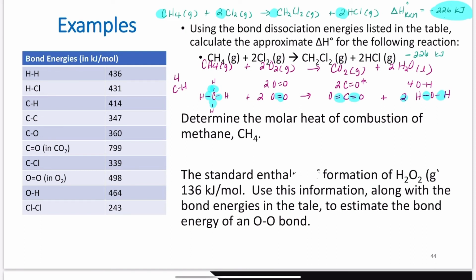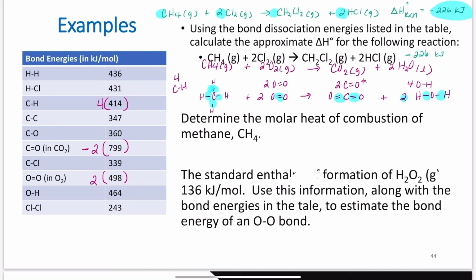Let's see, CH bonds. Got 414. I've got 4 of them, and it's going to be positive because it's on the reactant side. My oxygen double bond in O2, I've got 2 of those, also positive because it's on the reactant side. CO in CO2, I've got 2 of that bond, and it will be negative because it's being formed.